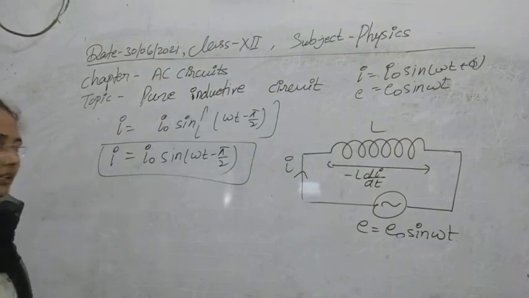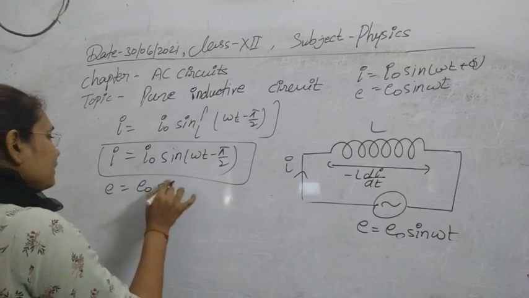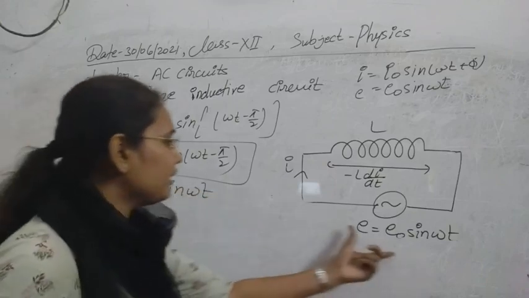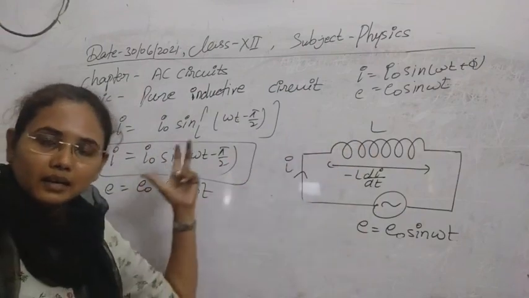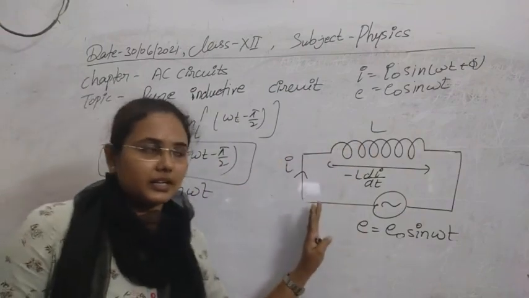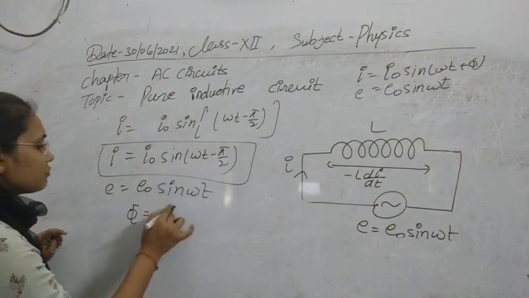Now for the pure inductive circuit, this is our alternating EMF that we have applied as input here, and that is the current flowing through the inductor in this kind of pure inductive circuit. So here you can see that the phase is minus pi by 2.